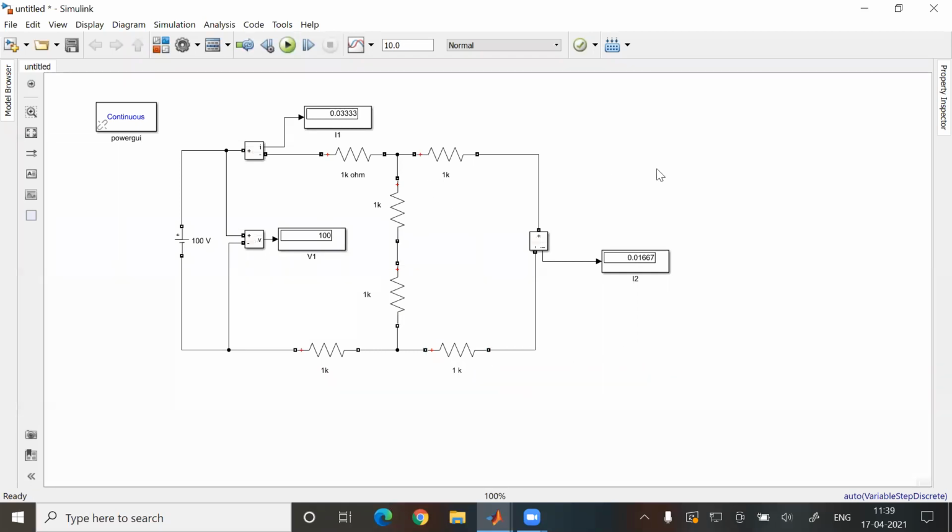Okay, so this is your circuit. All the resistance values are 1k, 100 volt, and these are the readings, right?